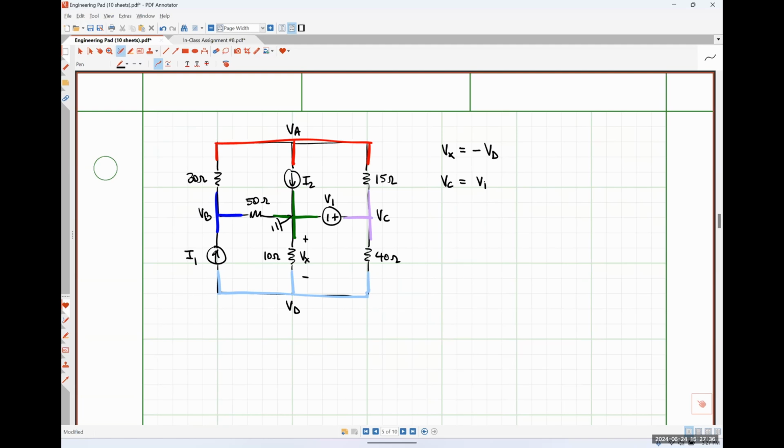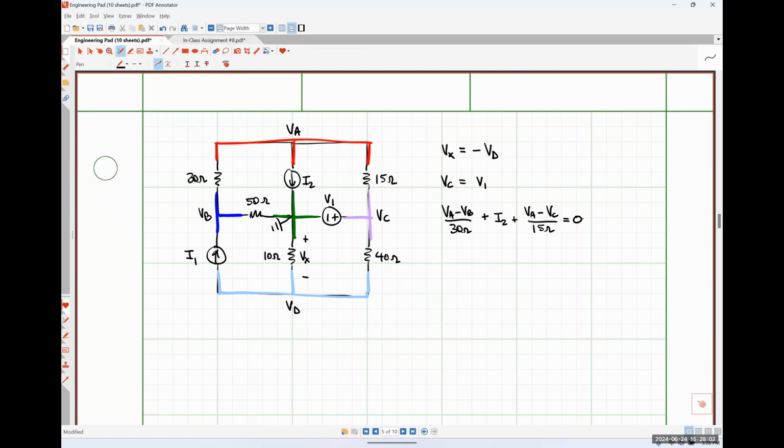So at A, I'm going to have VA minus VB over 30 ohms plus I2 plus VA minus VC over 15 ohms is equal to 0.